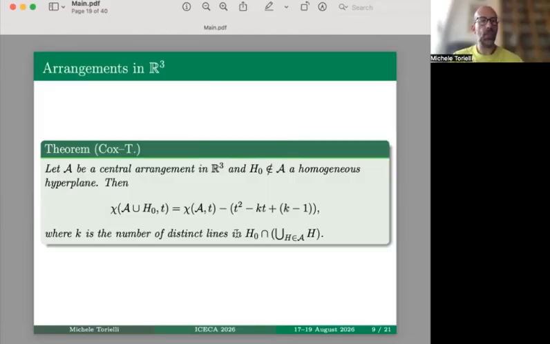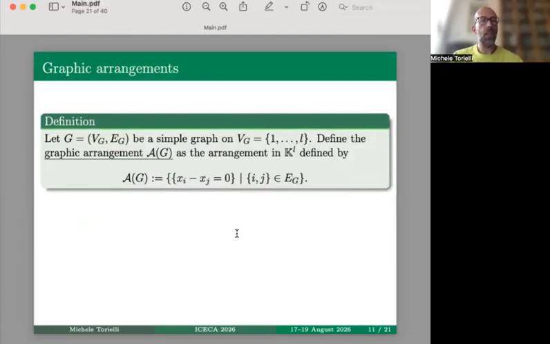So for today, and that's what we did with my student, I will focus on a special kind of arrangement, the arrangements that come from graphs. I take G, a simple graph with vertex set V, numbered from 1 to l.